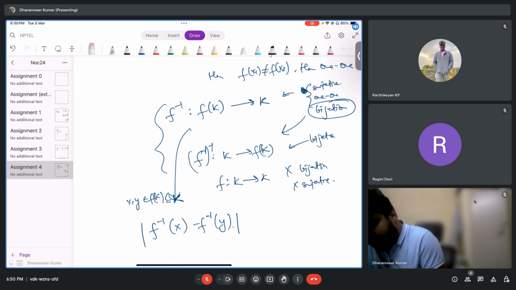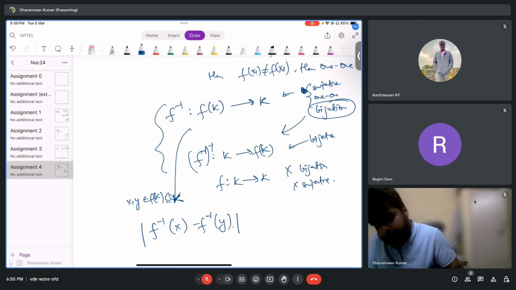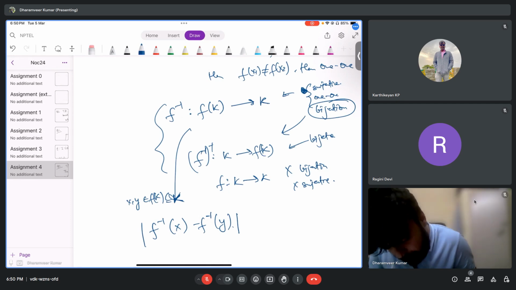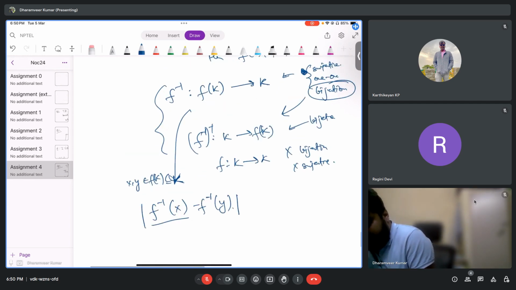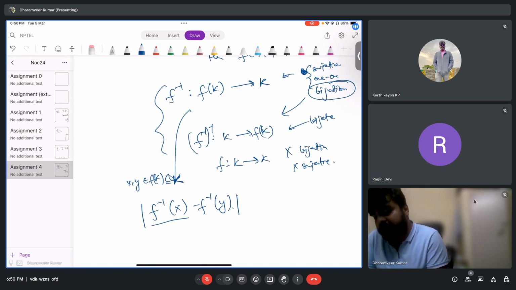So f inverse of x, you give me a point in f(K). f inverse of x is in K, and this is also in K. This is some point in K, this is some point in K.